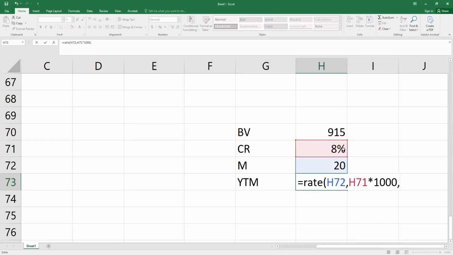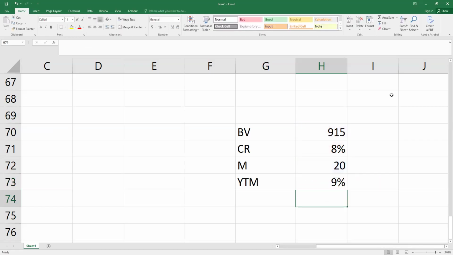The present value is 915, and the face value is 1,000.